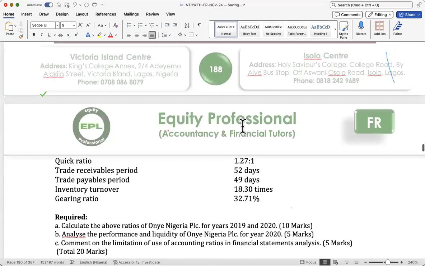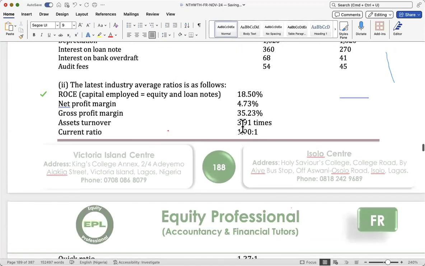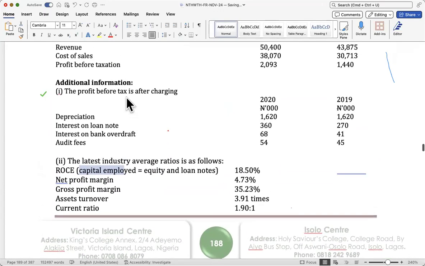So you can do the same thing for 2020. Again, you will see that the examiner will mostly tell us what the capital employed will be, and it's just for you to know what equity means and what loan note means for your exam. So net profit margin now.